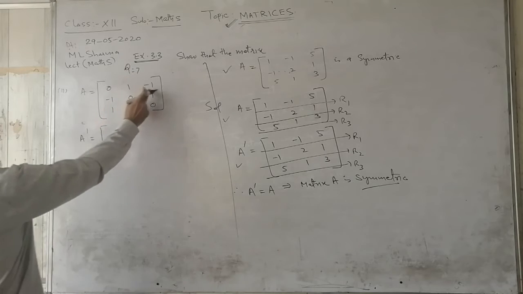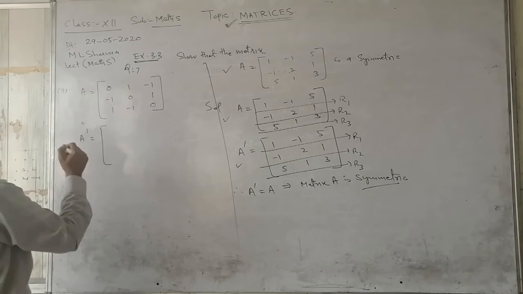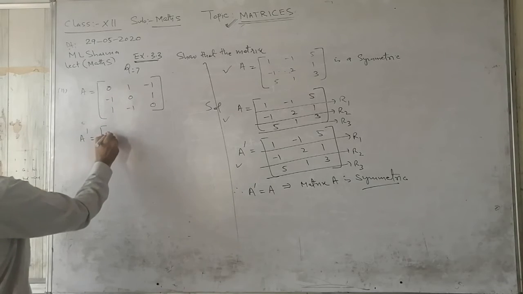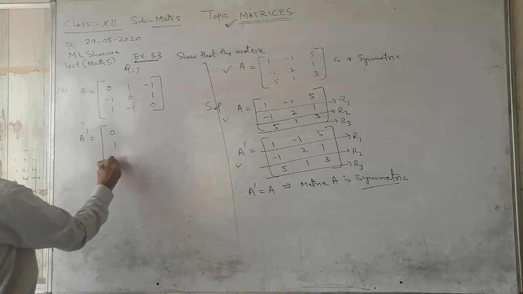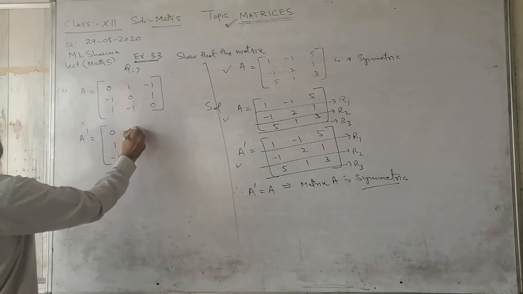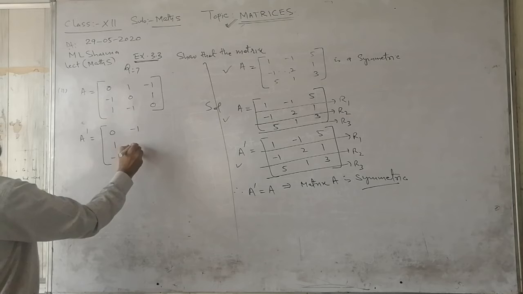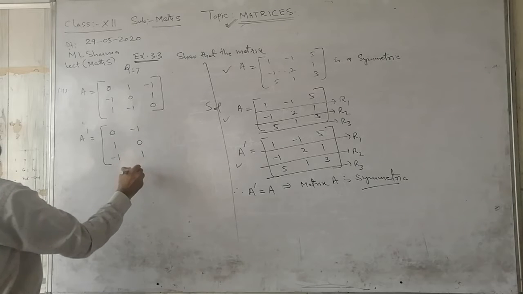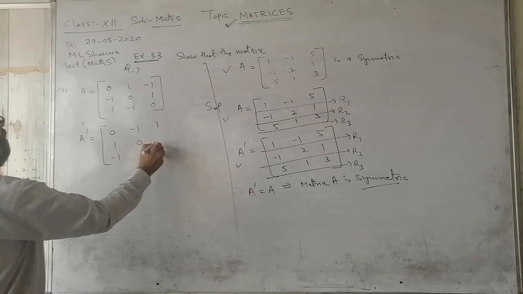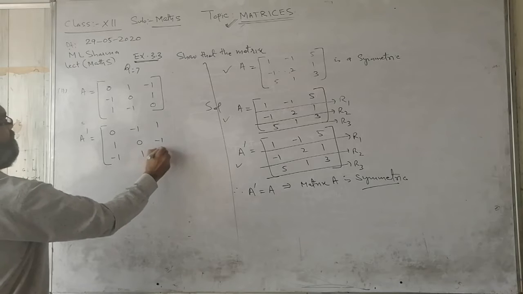So shifting rows into columns: 0, 1, minus 1, minus 1, 0, 1, 1, minus 1, 0.